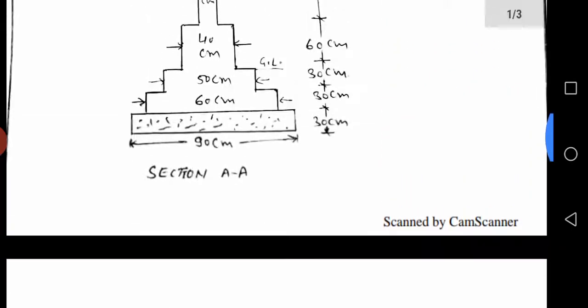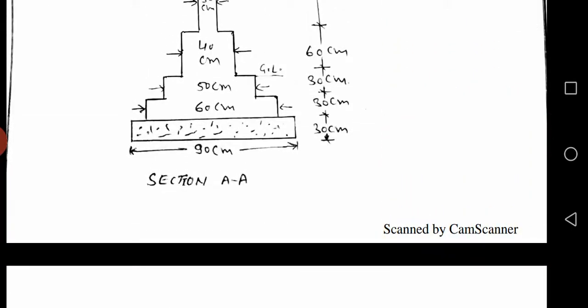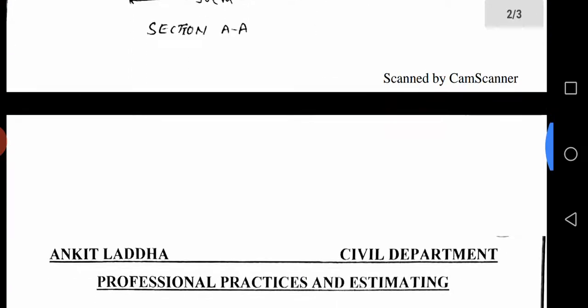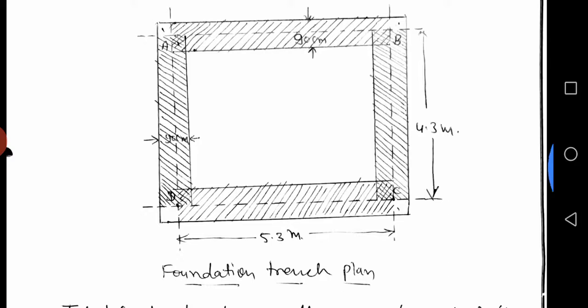In the section the lowermost width is 90 centimeter, that is concrete in foundation, so the trench is 90 centimeter width. So in this foundation trench plan the width of foundation trench is 90 centimeter for all walls.